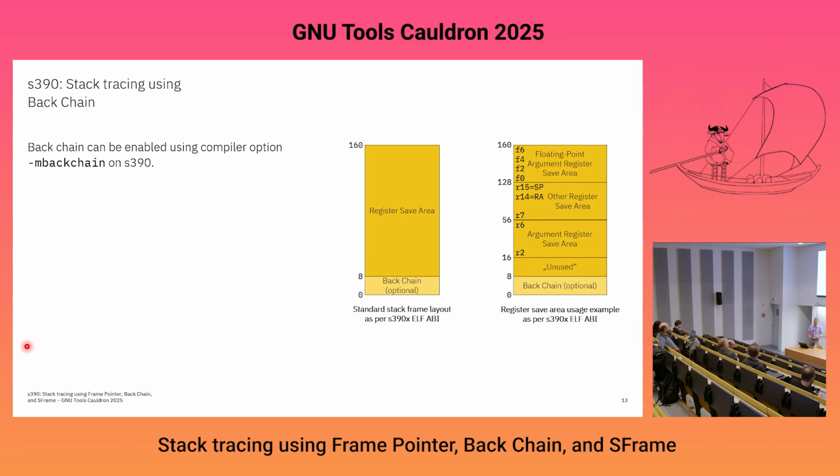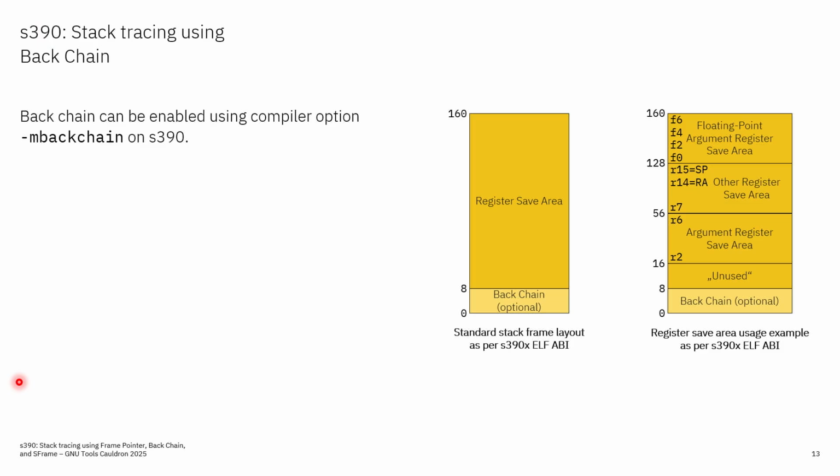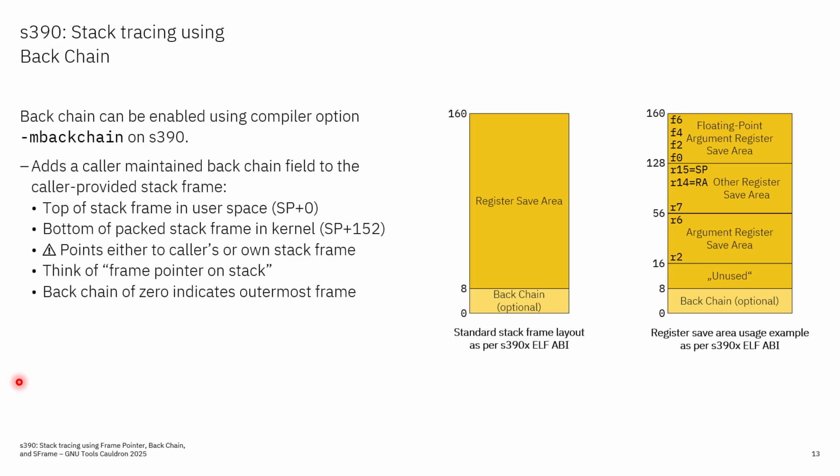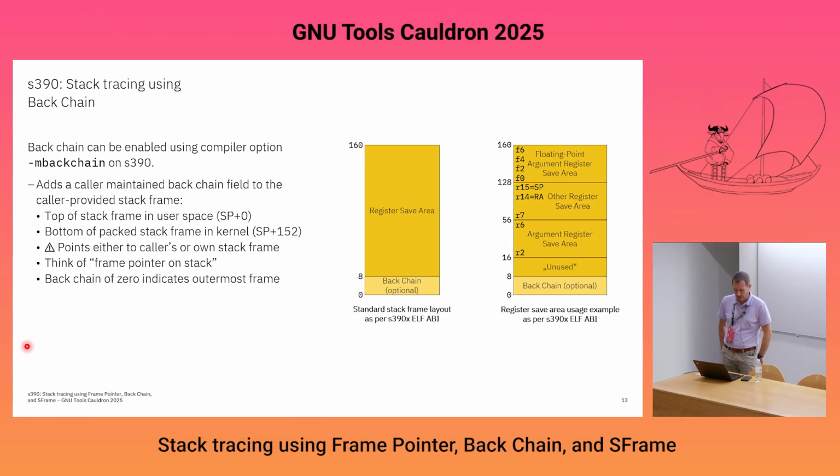Right. So let's come to backchain. It can be enabled using this -mbackchain, and this adds a caller-maintained backchain field to the caller-provided stack frame. It's at the top of the stack frame in user space, and just as a side note, as I will be only focusing on user space, in the kernel stack frame, it's at the bottom of the stack frame.